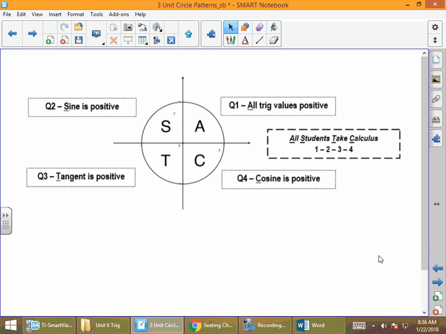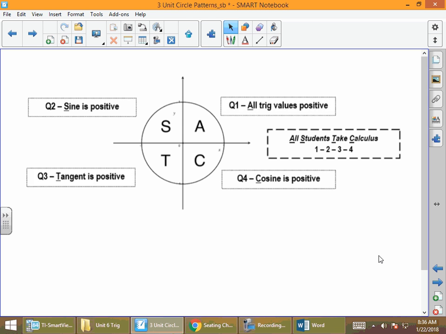Because if we know that value in the first quadrant, like we just talked about, then all that's changing pretty much are the signs on the terms, on the ordered pairs. And the mnemonic is all students take calculus. Not necessarily true, but what it means is in quadrant 1, all of the trig values are positive.